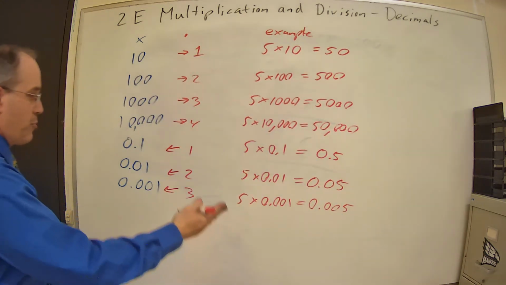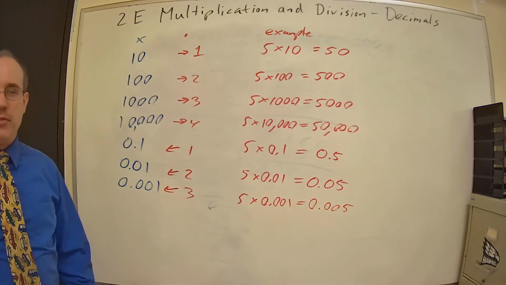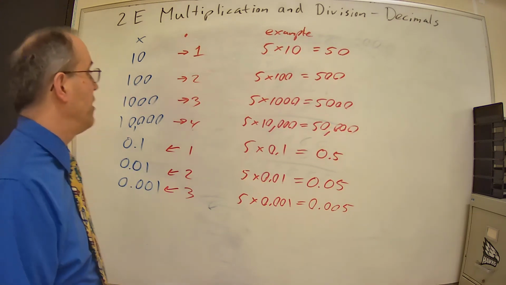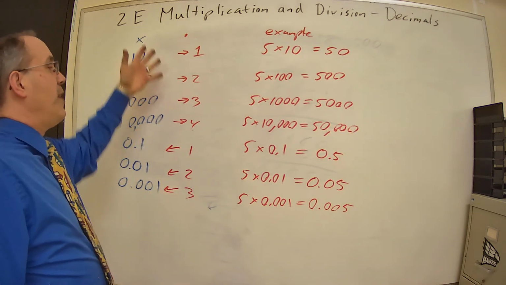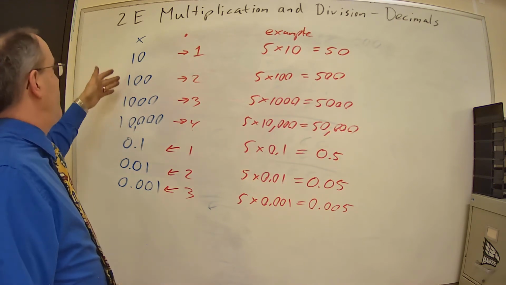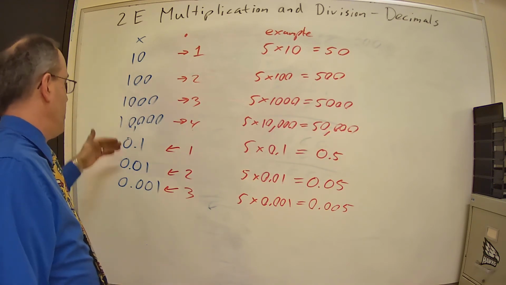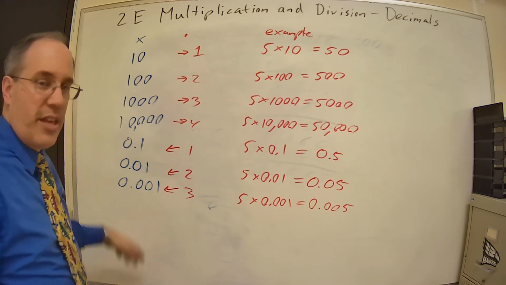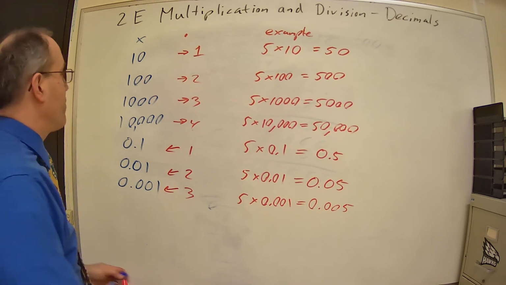So you move the decimal place to the left 3 times. So that's a little trick that you may use when you're multiplying by multiples of 10. 10, 100, 1,000, 10,000, 10th, 100th, 1,000th, 10,000th, etc.